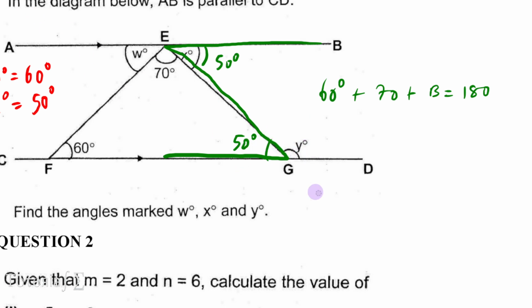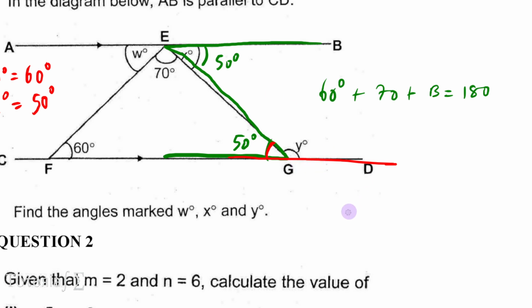And basically you say, this is a straight line. If this is 50, what should we add to 50 to get 180? Simply, this will be 130.